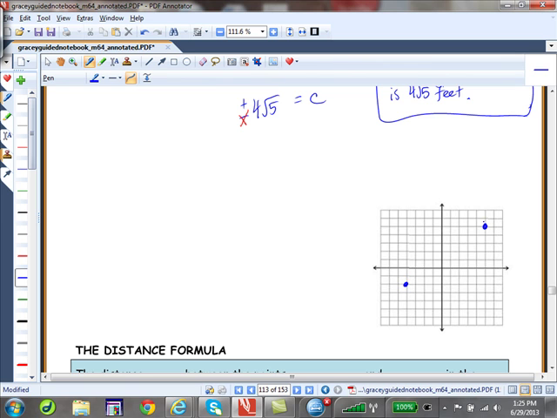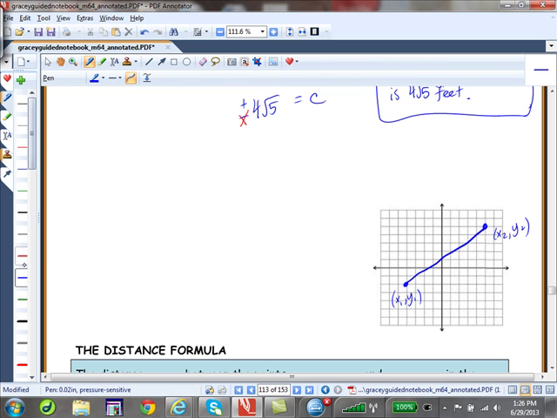Let's call this one x1, y1, and this one can be x2, y2, first point, second point. Now, the shortest distance between 2 points is a straight line. So what ends up happening, it's pretty groovy. You've got this going on.